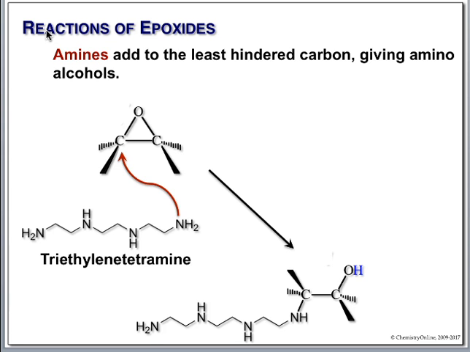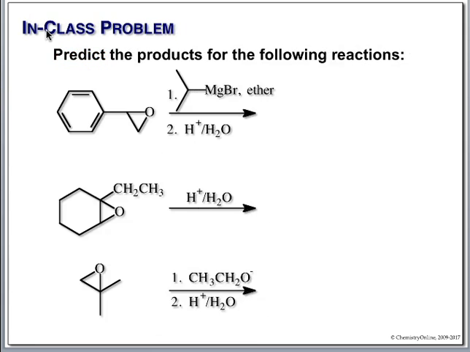Now they all differ a little bit in terms of what you have attached to the epoxide itself, but the chemistry is basically the same. You can do a ring opening, make something, and then cross-link the heck out of it. Any questions? Well, let's do a couple reactions then.